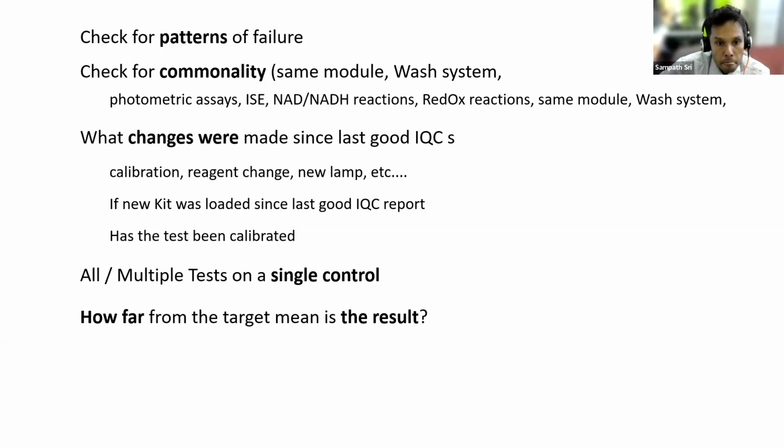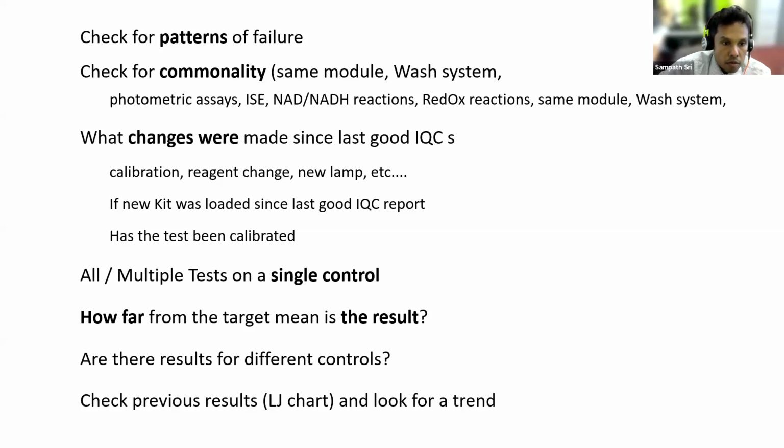Usually if it is very far from the mean, it will be something very uncommon. So we have to check the previous Levey-Jennings chart and look for a trend if we are looking for a cause.